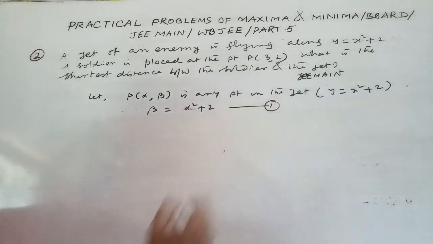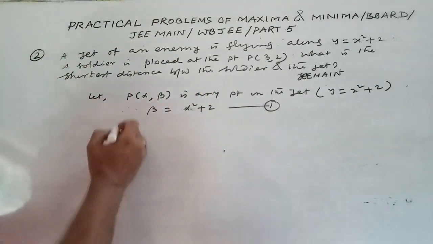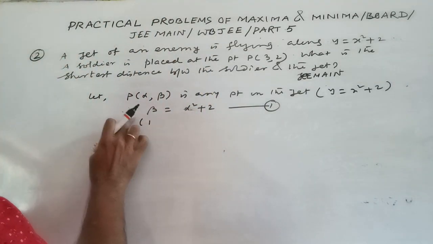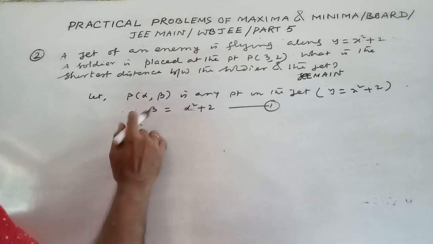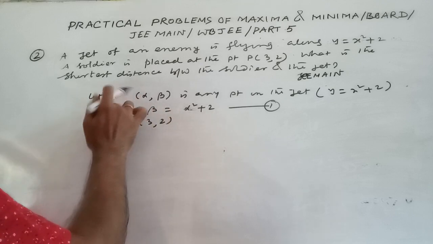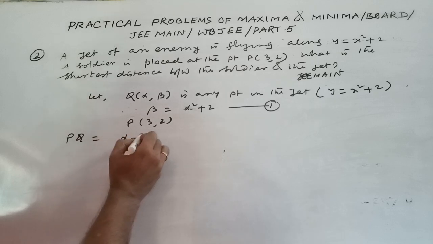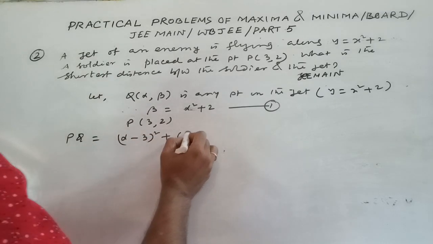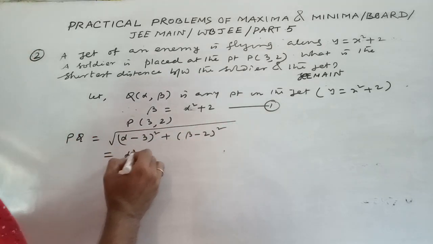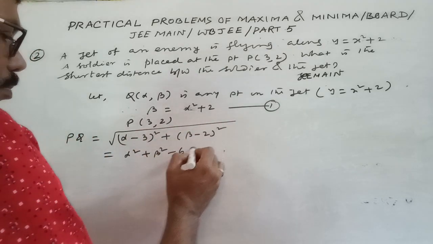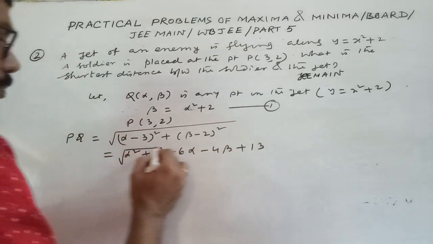So we are getting a relation between alpha and beta. Now, the soldier is at point 3, 2, and you consider this as Q. So PQ square equals alpha minus 3 whole square plus beta minus 2 whole square, so alpha square plus beta square minus 6 alpha minus 4 beta plus 13.